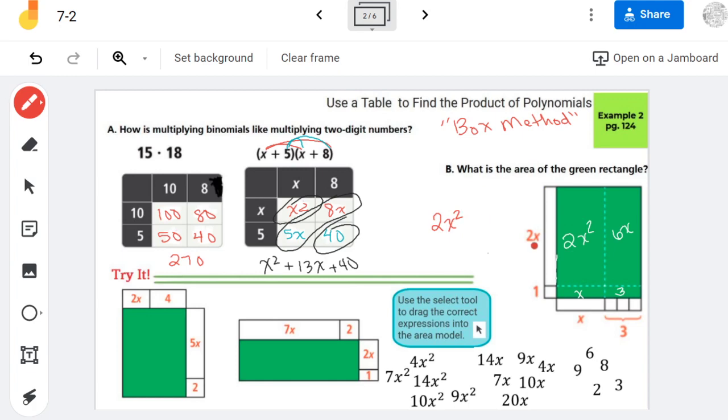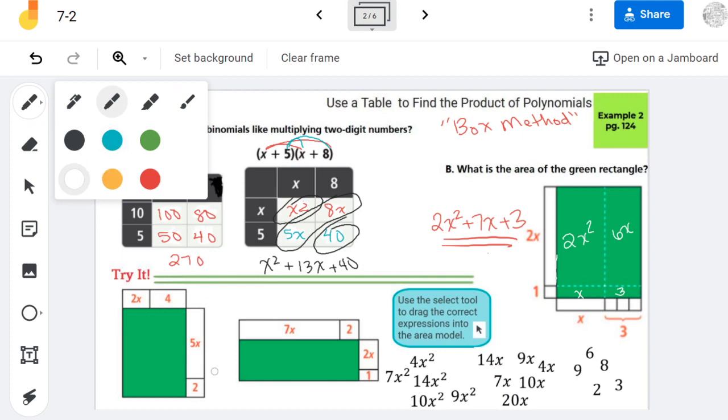So I have 2x squared, and 6x and 1x together make 7x, and then a plus 3. So when I did this with my students, I had them drag these values over to where they would go in the box. So I'm just going to go through that with you guys.